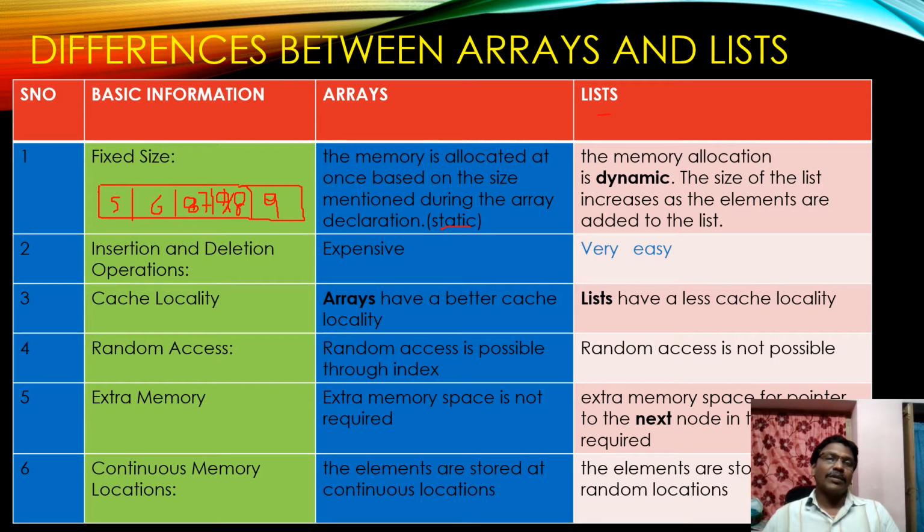For example, if you delete the second position value, then the seventh value moves to the previous location, and 8 and 9 also move to previous locations, and then the last location is freed.